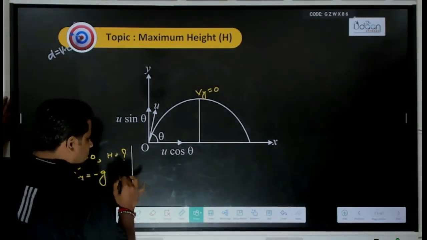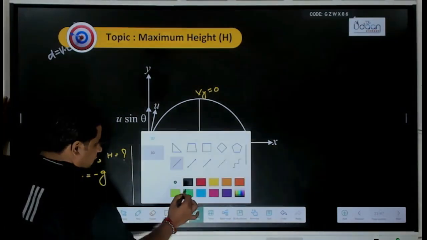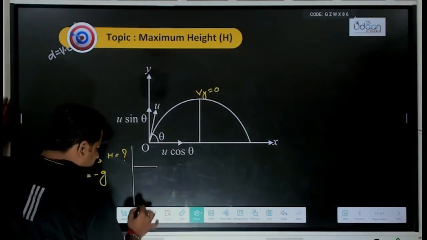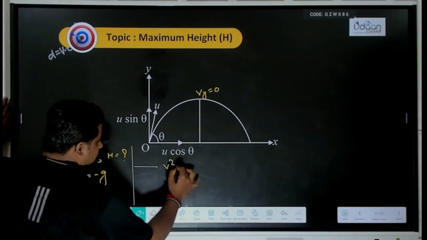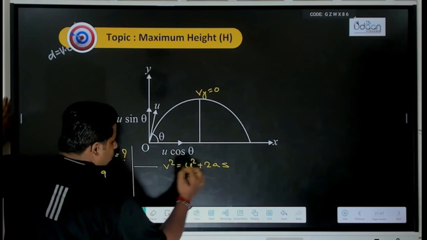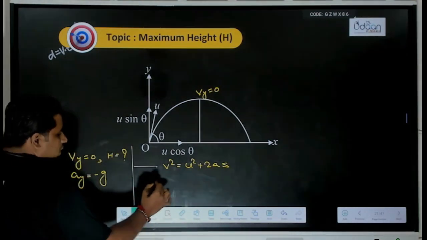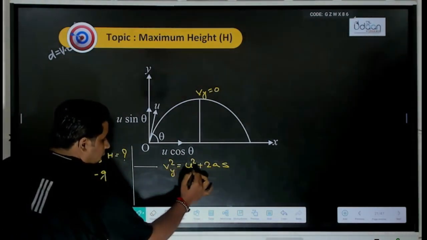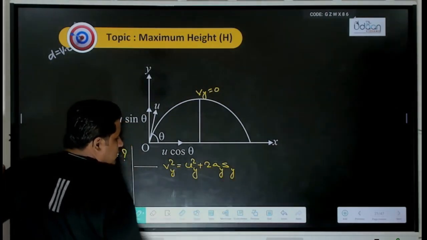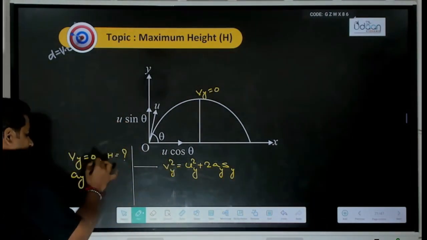I think it is very clear to all of you which equation is valid here. To find out the height, we can apply v square equals u square plus 2as. Applying it with respect to y, here vy is 0.